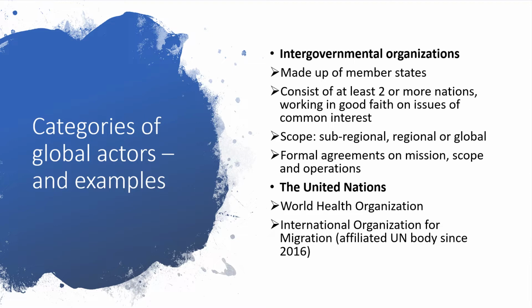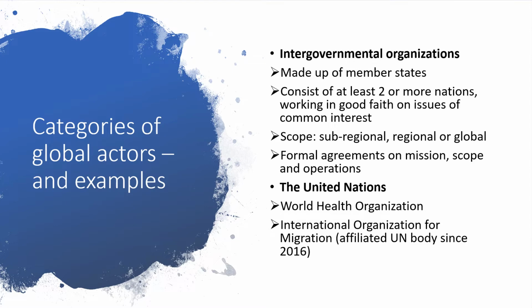Intergovernmental organizations are made up of member states, and they consist of at least 2 or more nations working in good faith on issues of common interest. They can either be sub-regional, regional, or global in scope. So, for instance, one of you is looking at the DRC as your case study, and a sub-regional intergovernmental coalition called the Great Lakes Initiative is quite important.